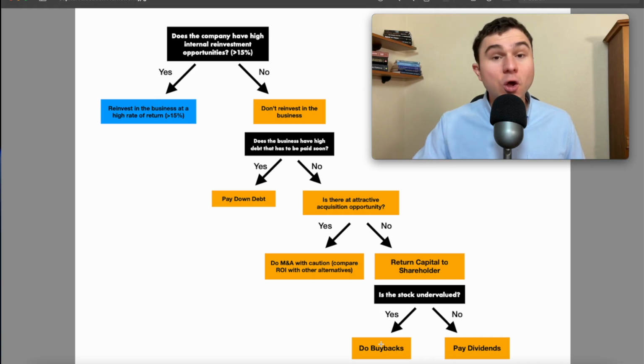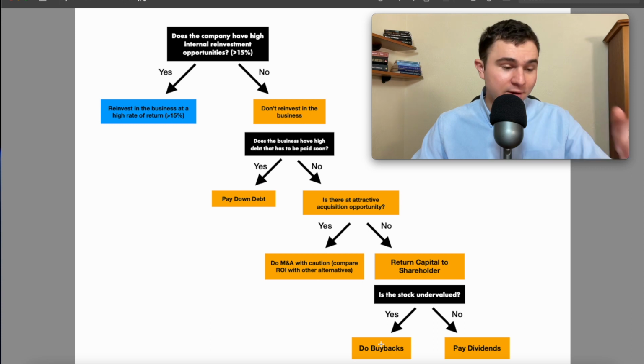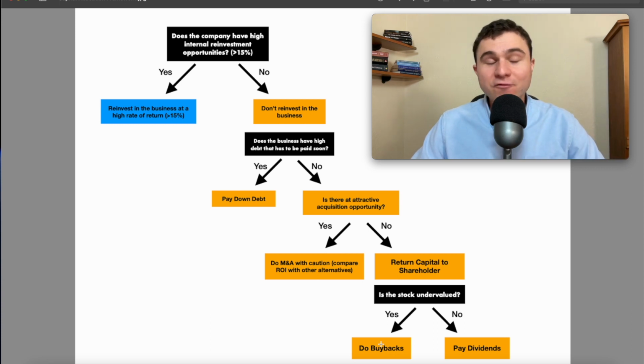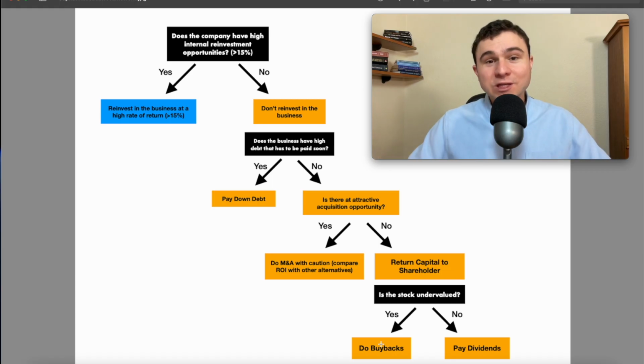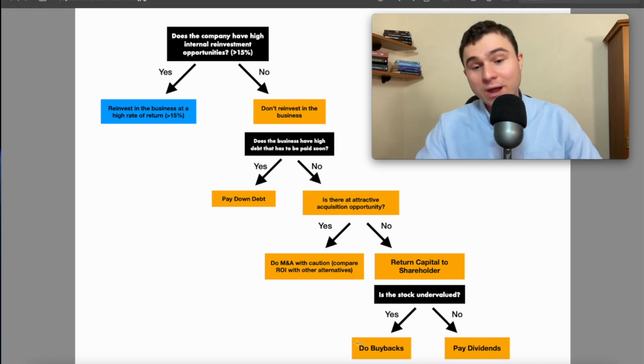And if you look at the earnings per share growth over the past 20 years, they have grown earnings per share by 20% per year for 20 years. And guess what? The stock price had a 20% growth for 20 years. In the very long run, stock prices follow earnings per share. So you want to boost your earnings per share. And buybacks are a great way to do this.